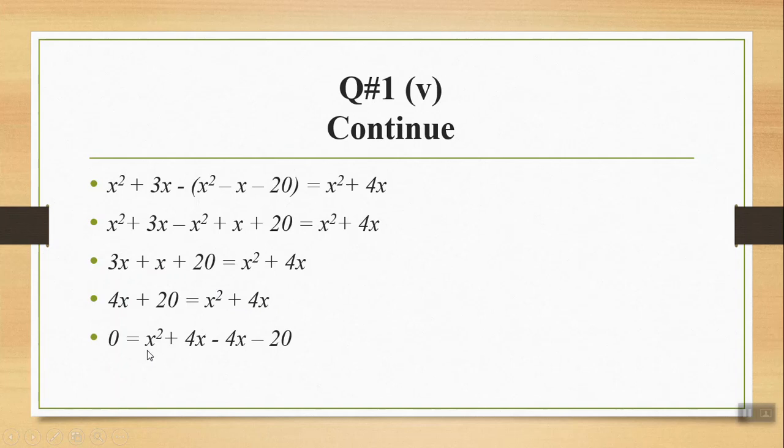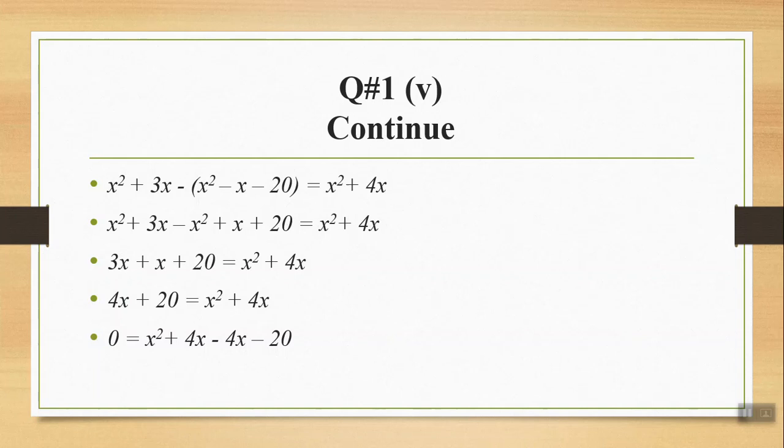In the next step, because we have to convert it into the standard form, we just have to shift all the values to one side, and on the other side there should be 0. So we have to shift 4x plus 20 to the right side. So it will become 0.